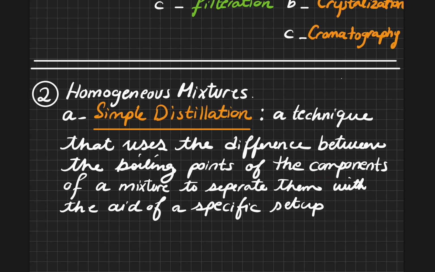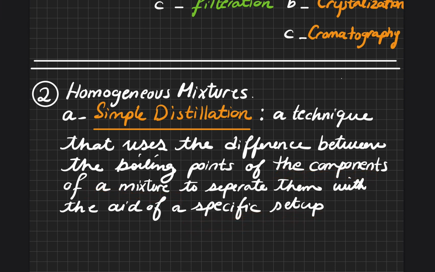Of the components of a mixture to separate them with the aid of a specific setup. So I'm going to read it again. It's a technique that uses the difference between the boiling points of the components of the mixture to separate them using the aid of a specific setup.